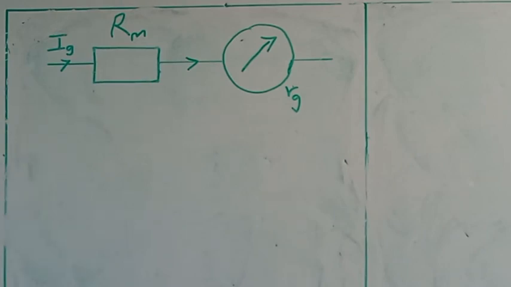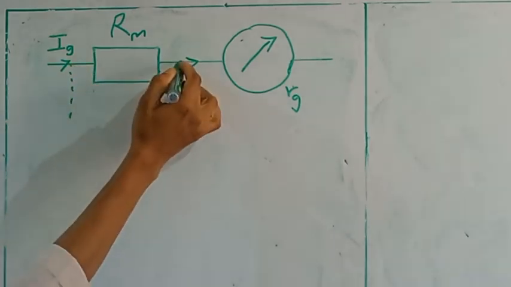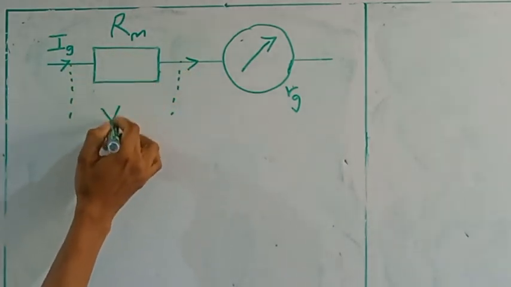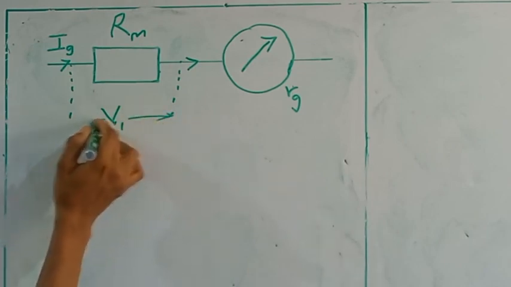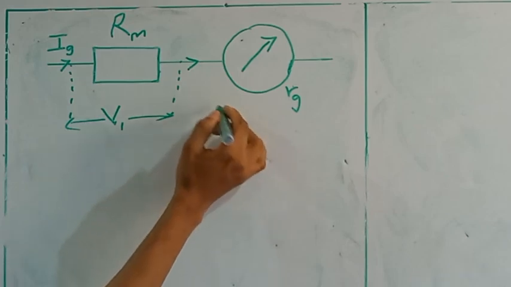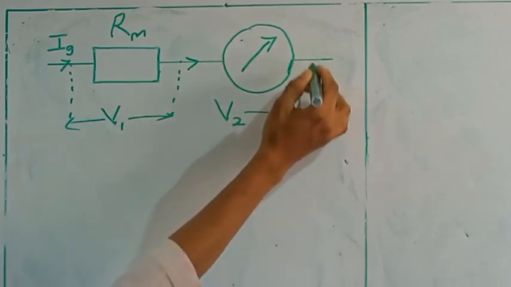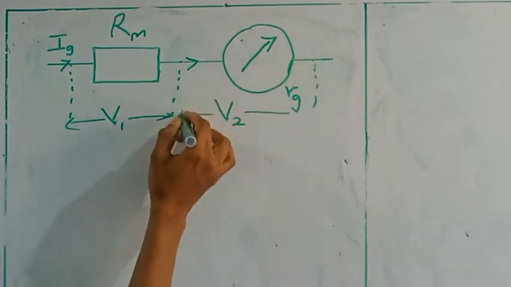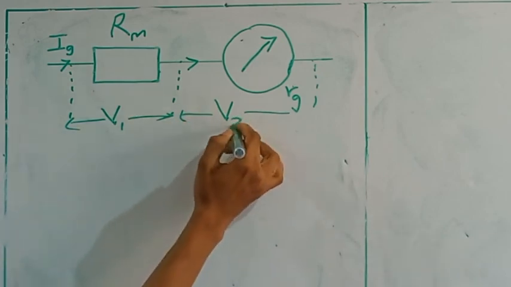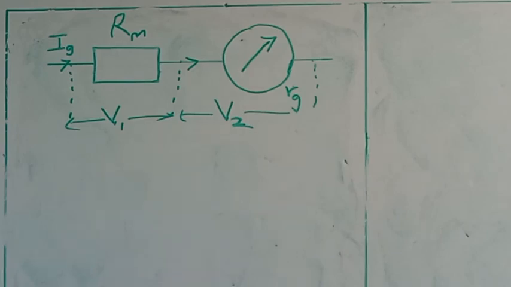Remember, you can be asked to find the current through the galvanometer or the resistance of the multiplier. In this case, the potential difference across the resistor is V1. The potential difference across the galvanometer is V2. Each of them has a different potential difference.